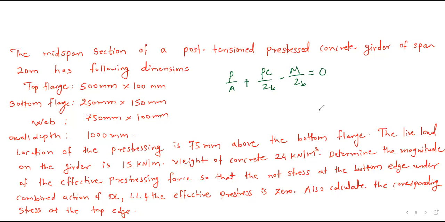See your total depth. From your total depth, if you minus y top, you will get y bottom. 551.93, correct. This value is also correct.